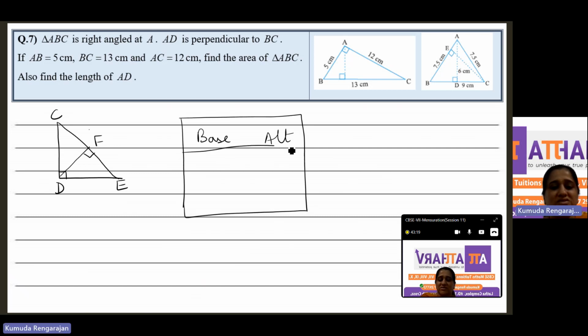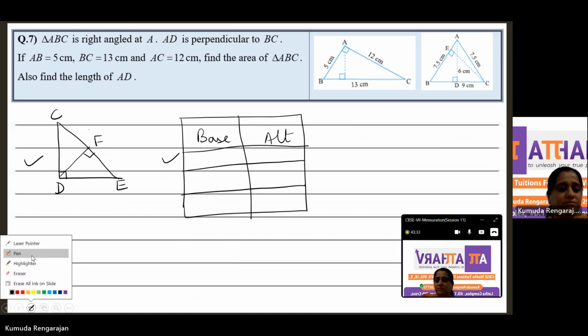Don't copy the question, this is general, not with respect to the NCERT question. Please take down the diagram which I've drawn, C, D, E, and complete this table and show me your answers.